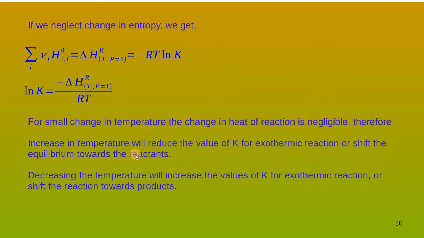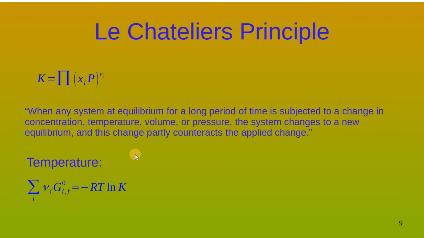Now K, as stated earlier, is nothing but the product of the partial pressure of the products over the product of the partial pressure of the reactants raised to their stoichiometric coefficients. Now if K reduces, it's but natural the partial pressure of the products will reduce.